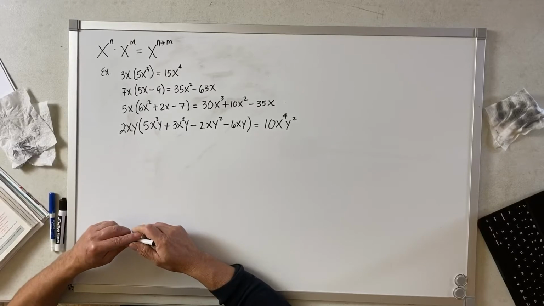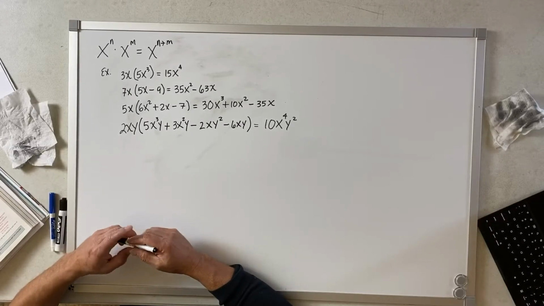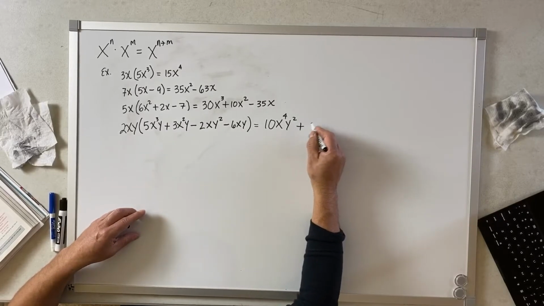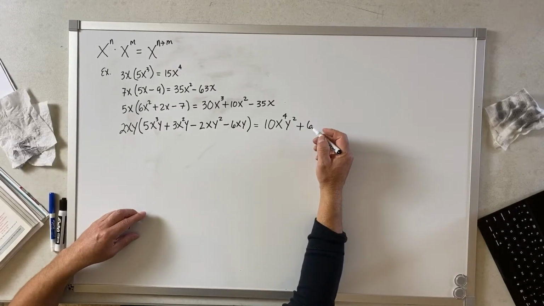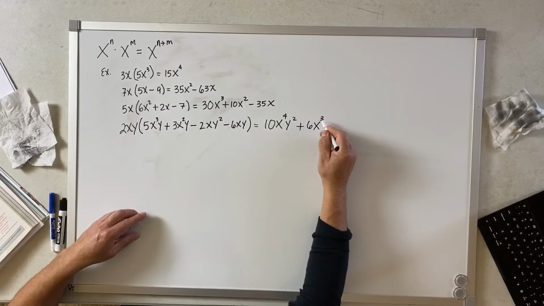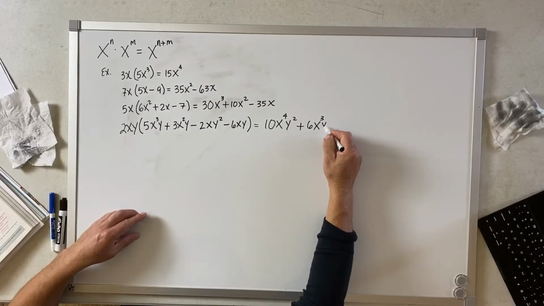First one. 2xy times 3x squared y, that's plus 6x cubed y squared.